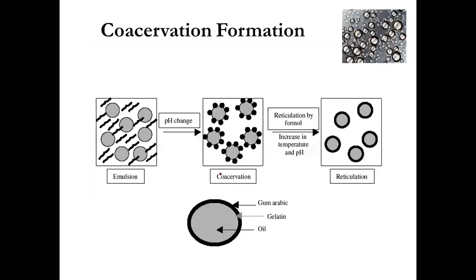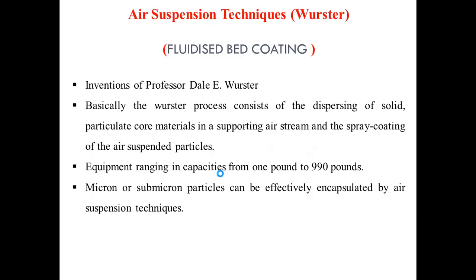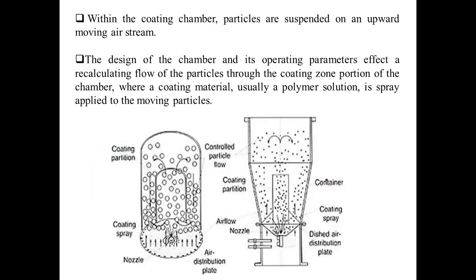Second one is the air suspension method, which is the same as our fluidized bed coating method, which was invented by Wurster. That's why it is called Wurster's method also. Here we see one container, the coating apparatus. It's connected from the bottom.